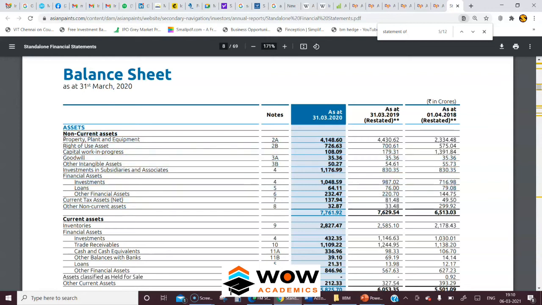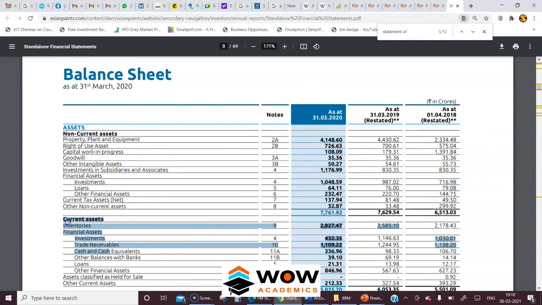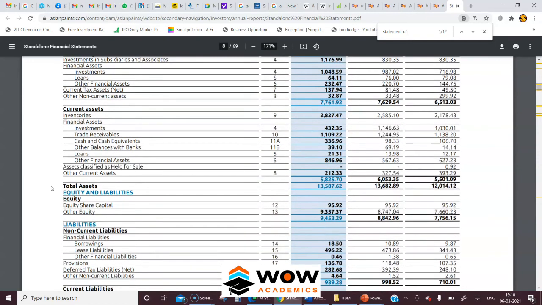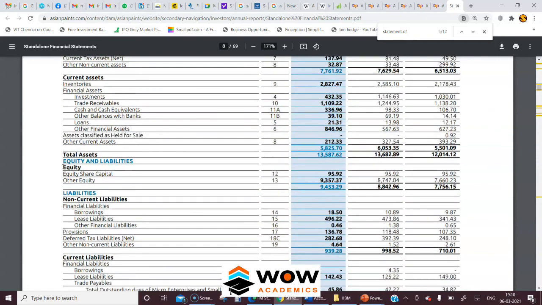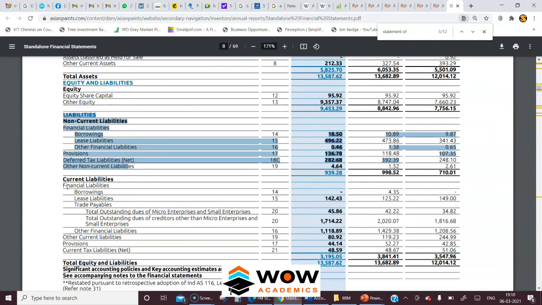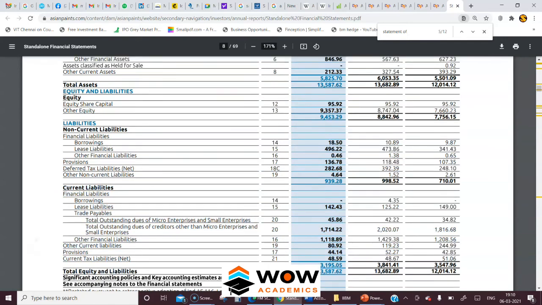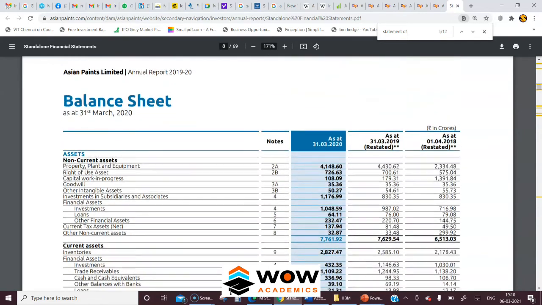It starts from the non-current assets, then moves on to the current assets. Even for the equity and liability side, it starts from equity, then moves on to liabilities, which is non-current liabilities, then current liabilities. So this is how the balance sheet is structured.